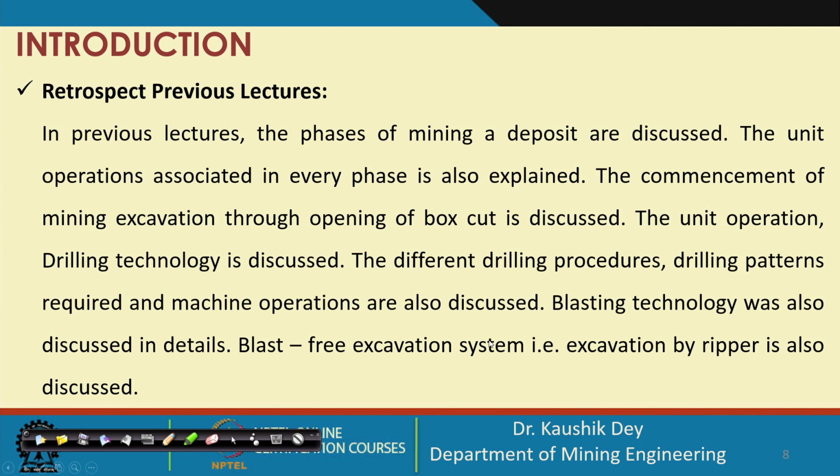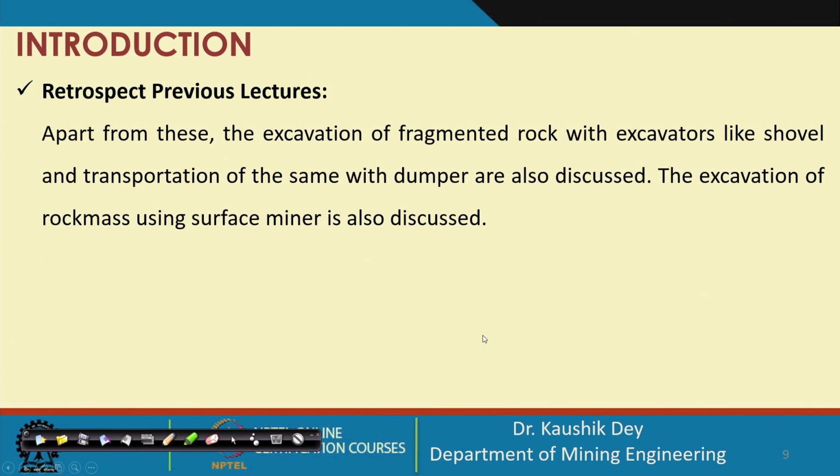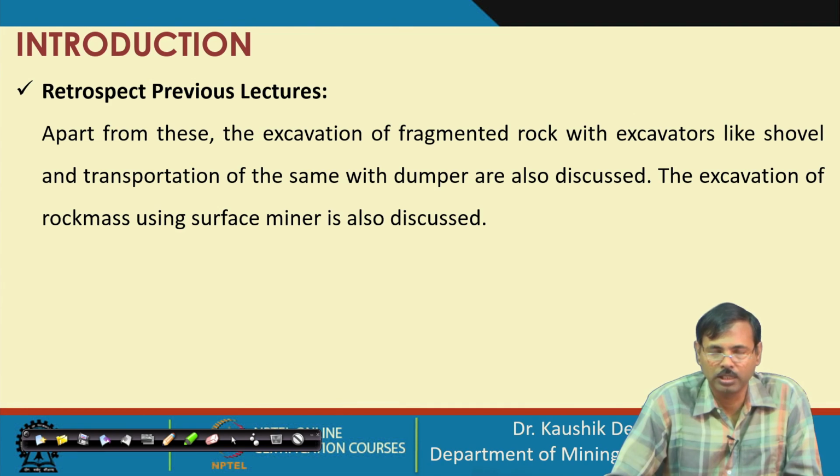We have covered material handling of the fragmented mass by shovel, and the transportation system possible in surface mines along with shovel dumper combinations. We have also covered excavation by surface miner, the blast free technology, and excavation and direct casting of the material using the dragline.